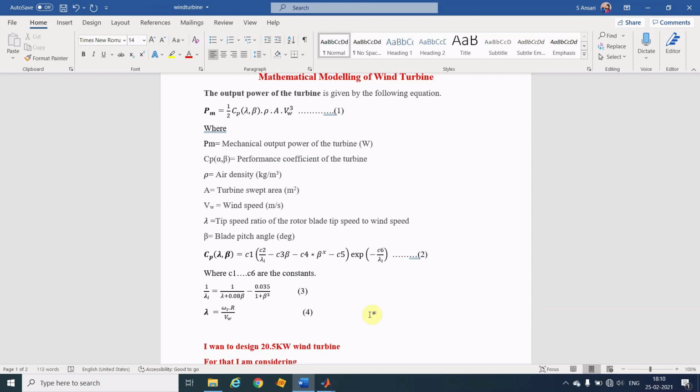If you know these 4 equations in a wind energy conversion system, I am very confident that you have the capability of designing a wind turbine.